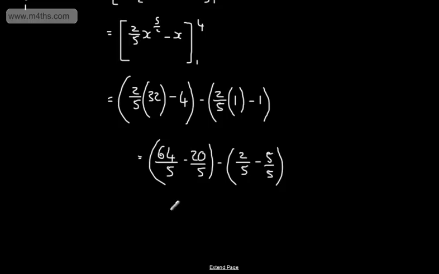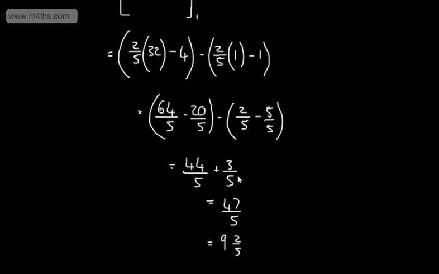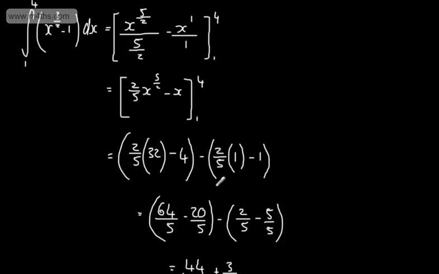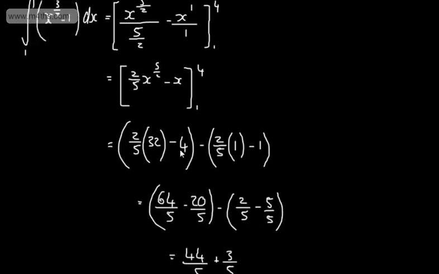So this gives me 44 over 5, and we've got minus minus 3/5, so we'll have plus 3/5, which is going to give me 47 over 5, which of course is equal to 9 2/5. I've done this manually without a calculator. I'm sure you could skip a step or two here, but essentially we're just going from there.